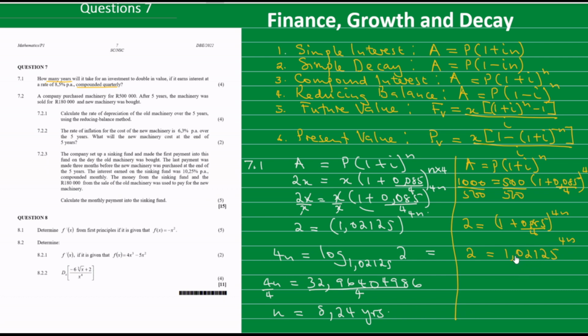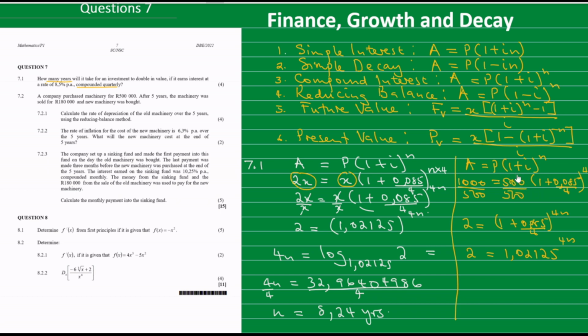So what I'm trying to say here is that when you are given this type of question, you don't necessarily have to use x and 2x. You can take any absolute values, like 500. I've used the 500 here, any value, or you can take 20 rand.